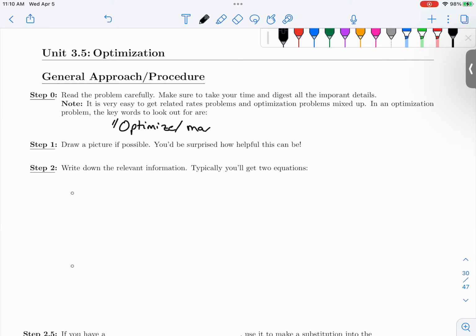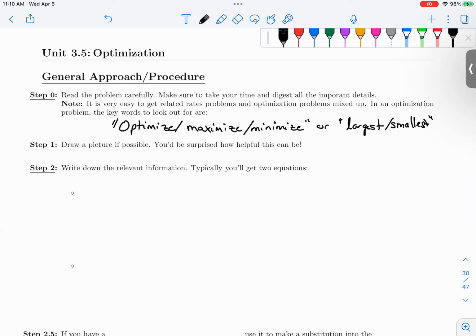or maximize / minimize or largest / smallest, any of those words that would be used to talk about a largest value or a smallest value, something that you're trying to make the largest or the biggest thing, that would indicate an optimization.